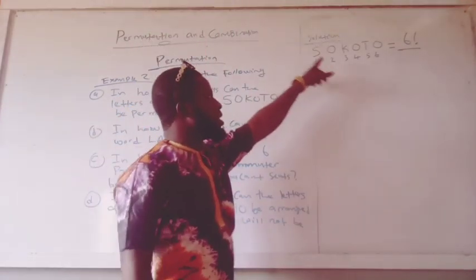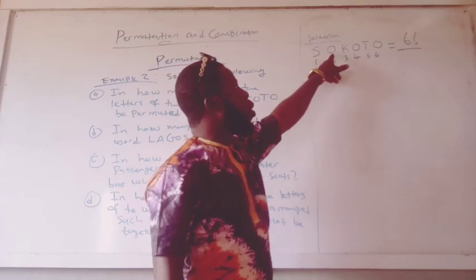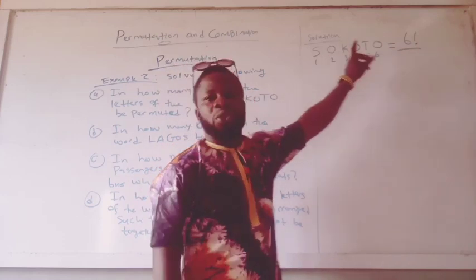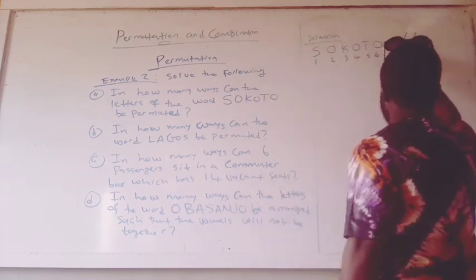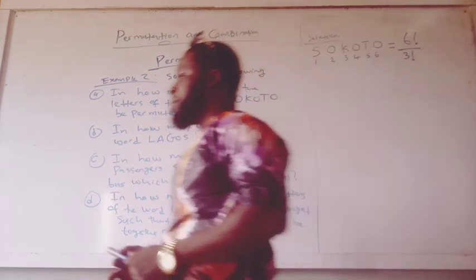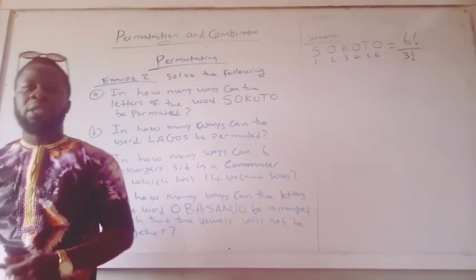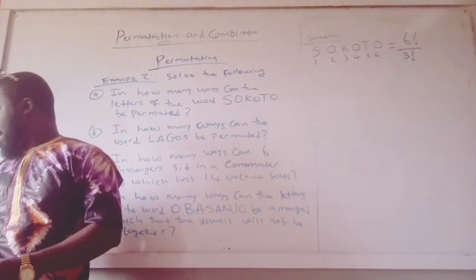Like now, look at this. In Shoto, we have O forming how many times? 3 times. So I will now say divide by 3 factorial.